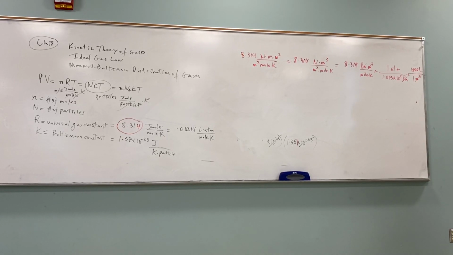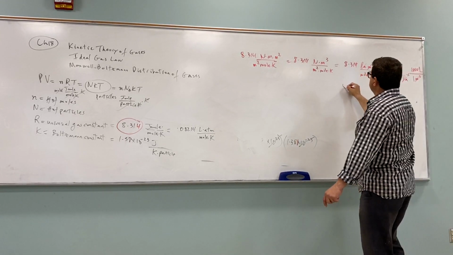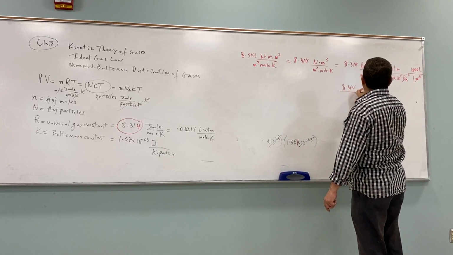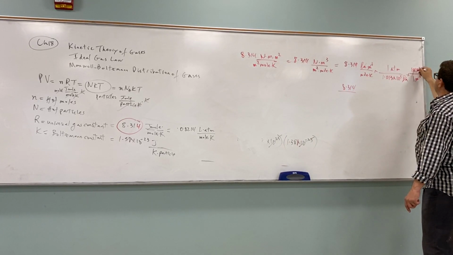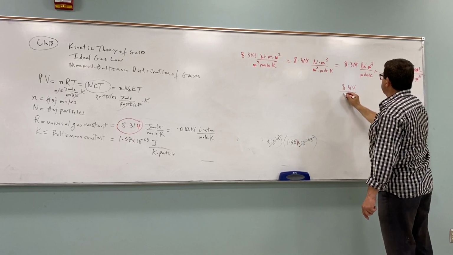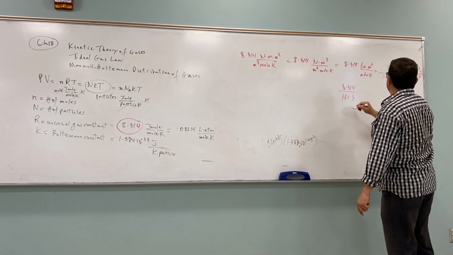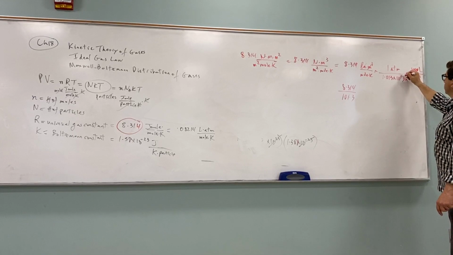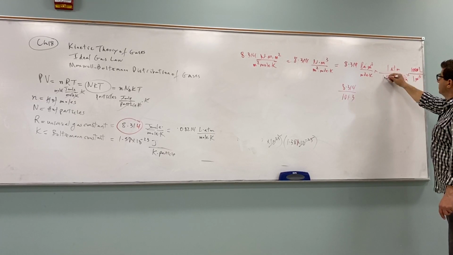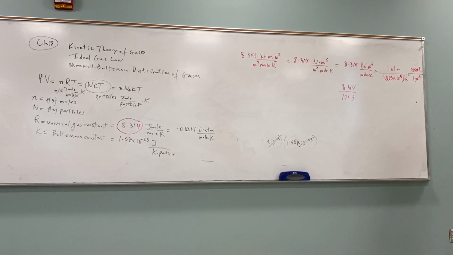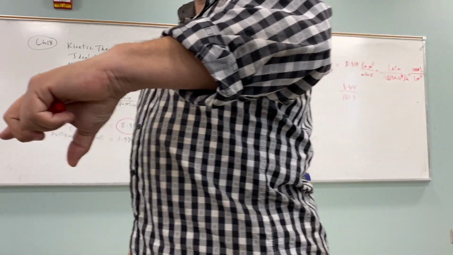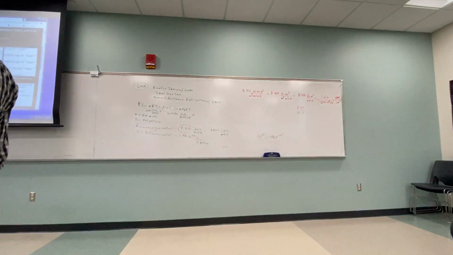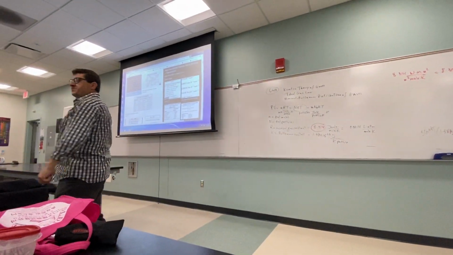Basically you're dividing 8.314 by 1,000 and by 101.3 kilopascals, atmospheric pressure at sea level.